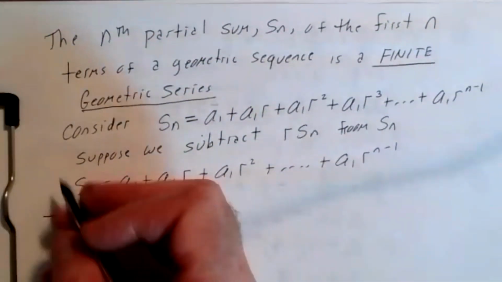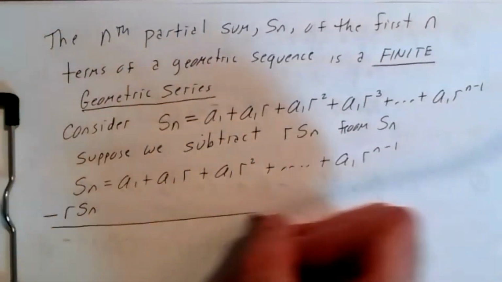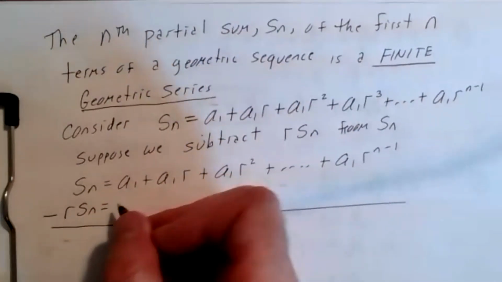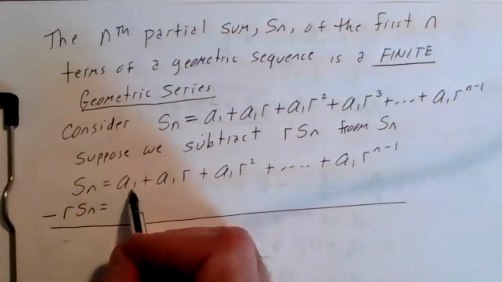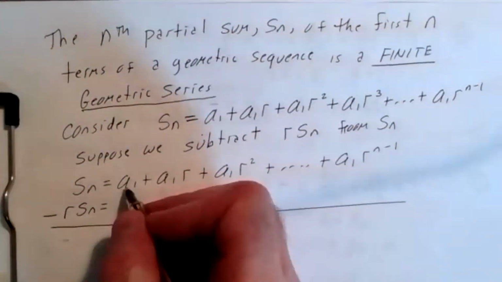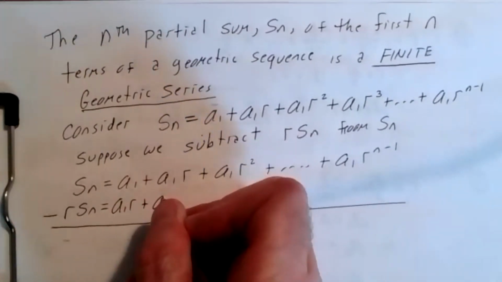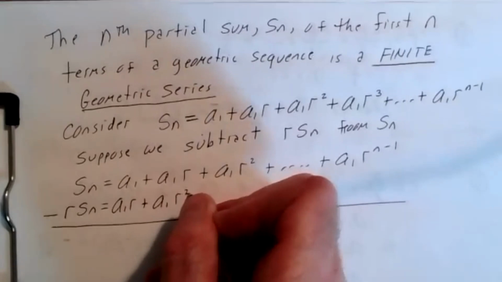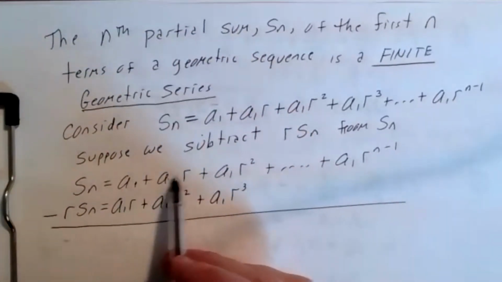And we're going to subtract off r times our nth partial sum. Which, when you take r times your nth partial sum above, you're going to have a sub 1 times r plus a sub 1 times r squared plus a sub 1 times r cubed, because every one of these terms gets multiplied by r.